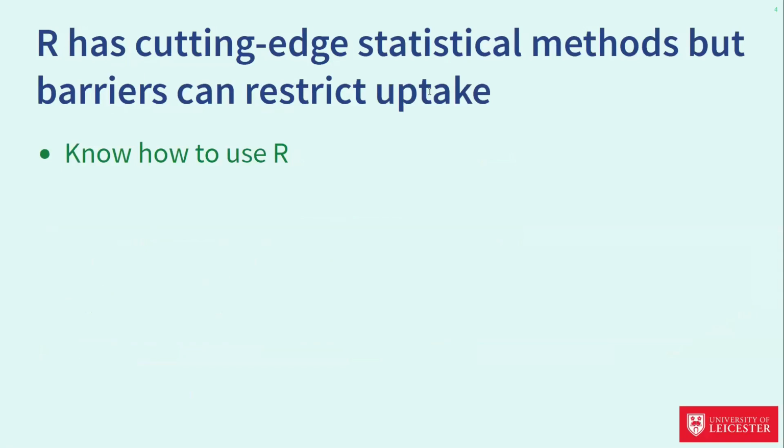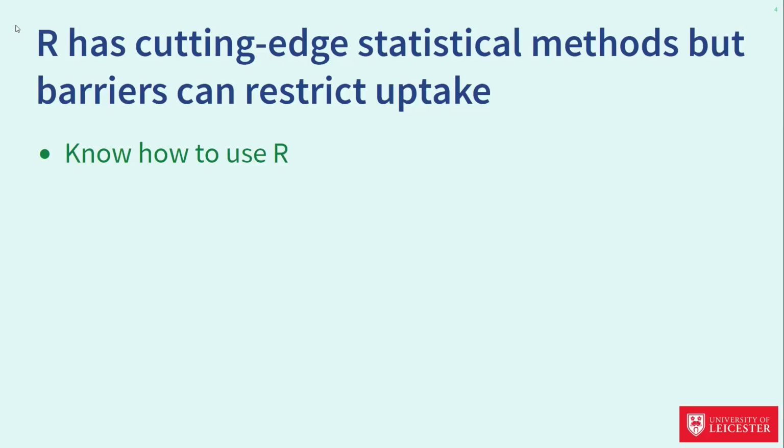As we all know, R has got really great statistical methods, but there can often be a lot of barriers to uptake. In my particular work, we're interested in enabling access to people who might have technical knowledge, but not necessarily know how to code. So people like conservationists or health analysts or medics.